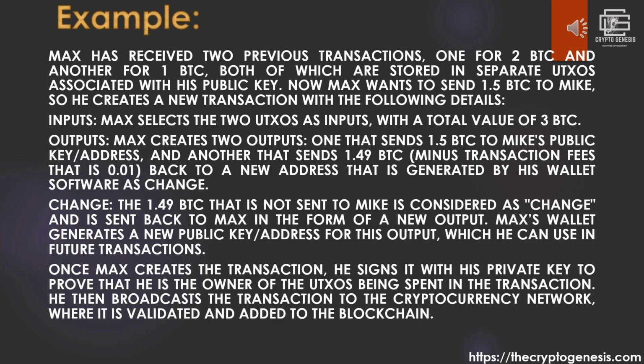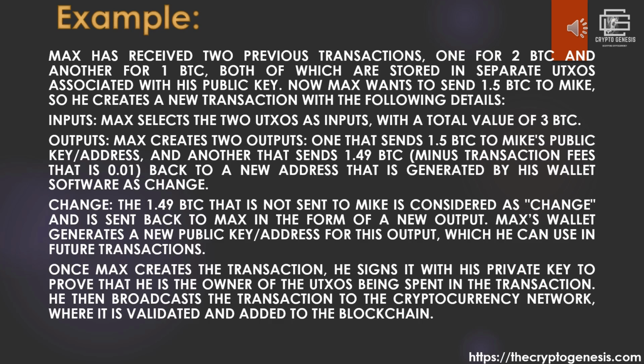Outputs: Max creates two outputs, one that sends 1.5 BTC to Mike at his public key address, and another that sends 1.49 BTC, that is minus the fee of 0.01, back to a new address that is generated by his wallet software as change, and he will receive this amount.